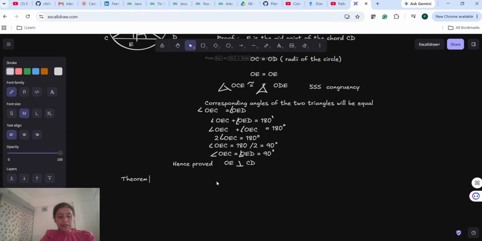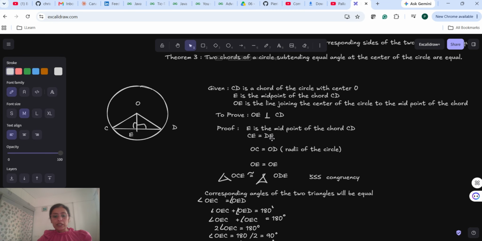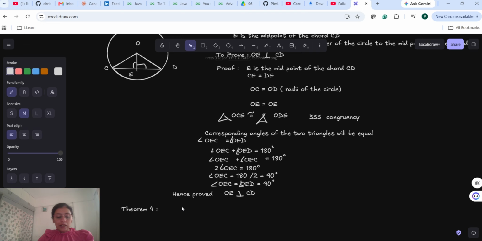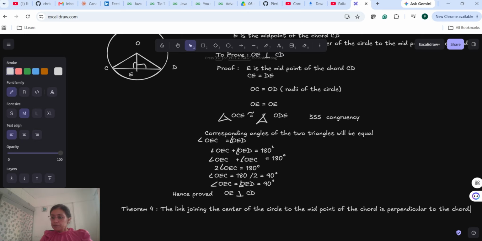What theorem does it make? This is theorem number 4. So theorem number 4 will be: the line joining the center of the circle to the midpoint of the chord is perpendicular to the chord. This will be theorem 4.